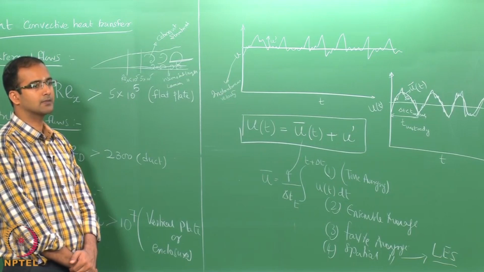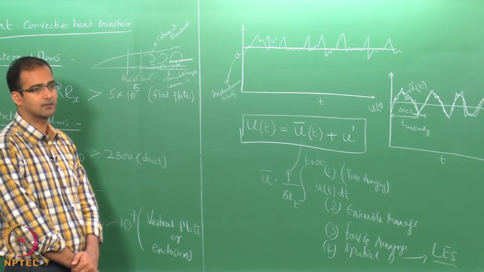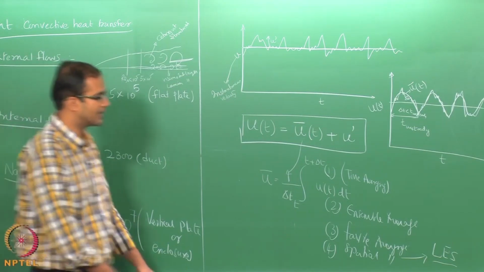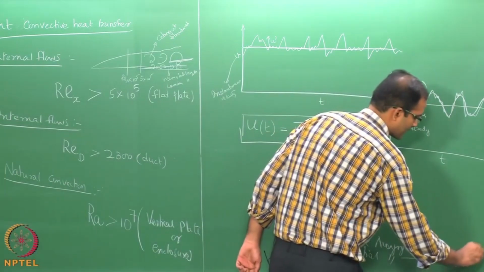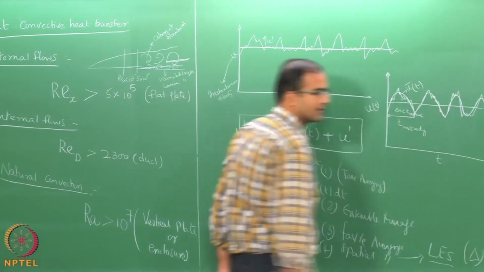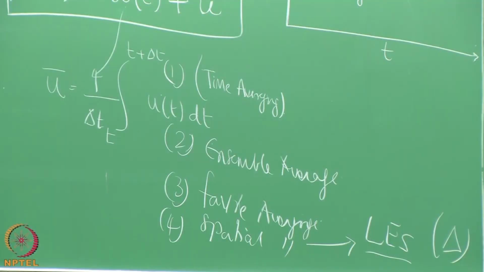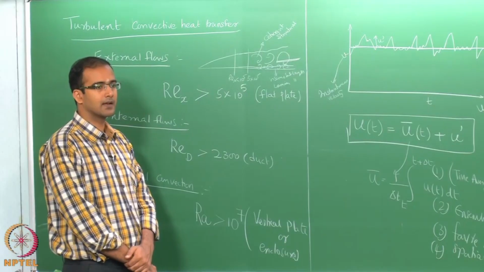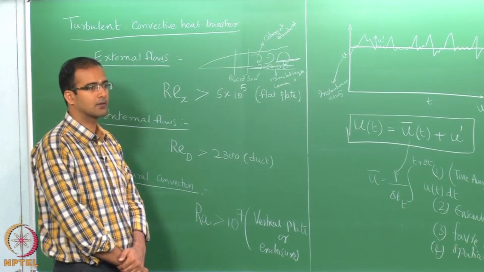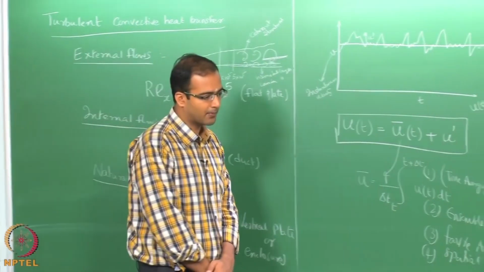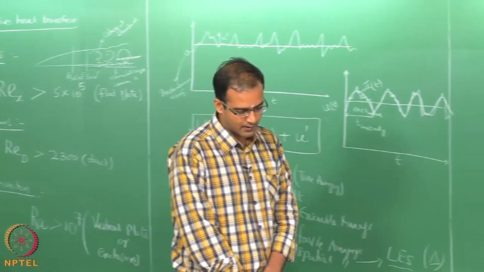Beyond that, all the smaller eddies have to be modeled. So, typically in LES, the spatial filter is the grid size delta. Like this you can talk about different ways of doing this average, but nevertheless after you average, you say that the instantaneous component is a superposition of the mean component and the fluctuating component.